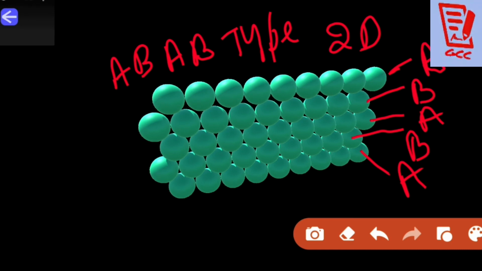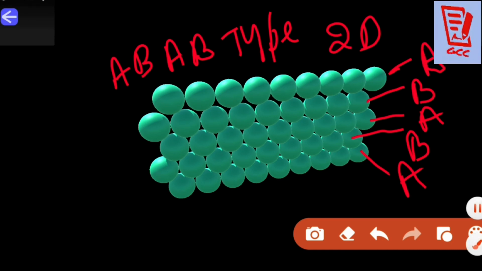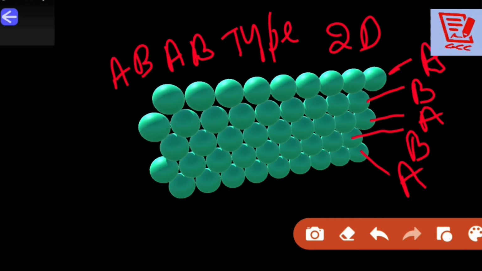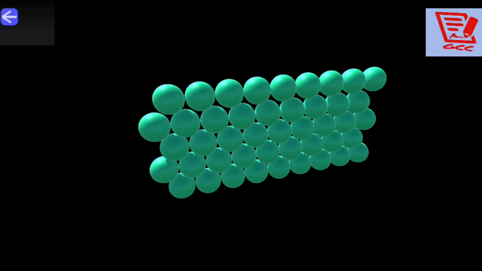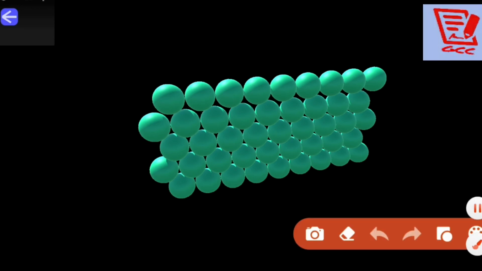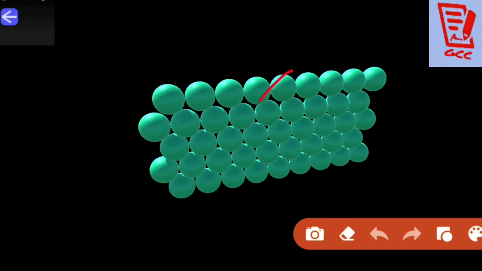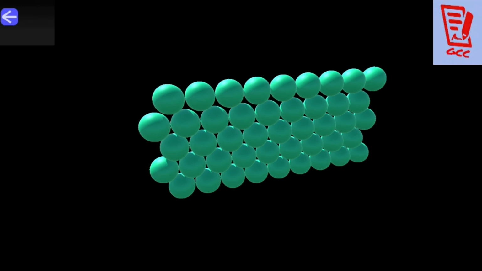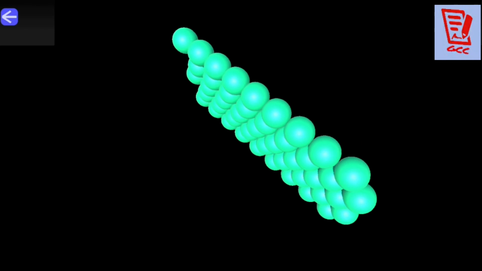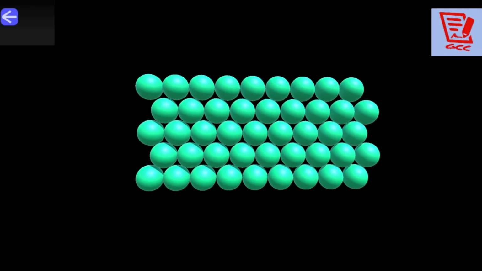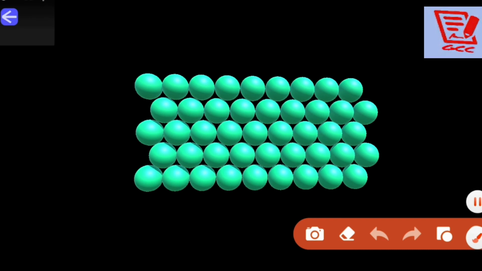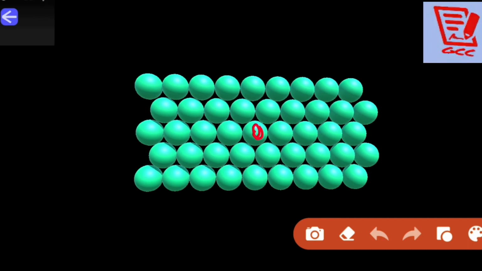Clear? Then after that, what to do there? We have to see the coordination number. Please see, let it be, I am making this posture portion like this way. Then you see I am darkening a circle in the center.